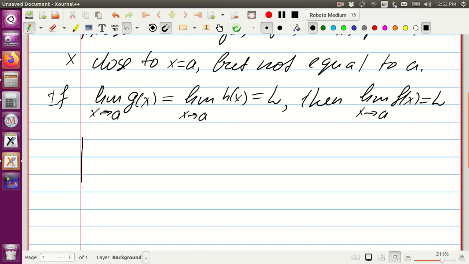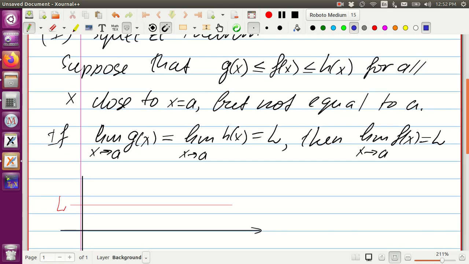Let's see visually what's going on. Visually, we have this situation. We have some number L over here. And on the top, we have the function which is h of x. It's bigger than all of them. Suppose this is your a.